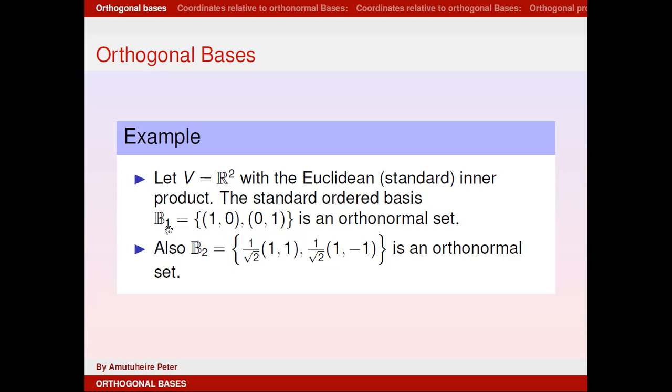So we compute the norm here, it is 1. So since each vector in B1 is orthonormal, it means B1 is an orthonormal set. Same story with B2.